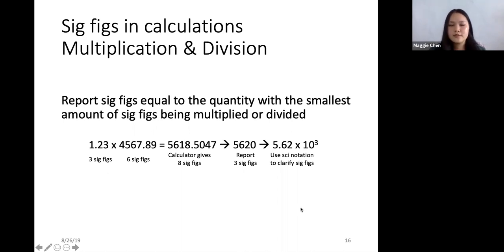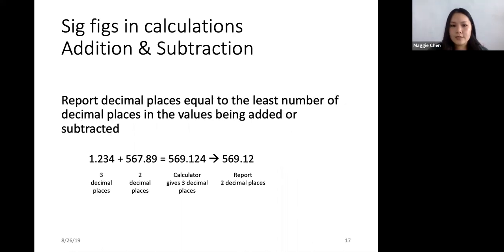So multiplication and division, we're going with the lowest amount or the smallest amount of sig figs in our original numbers. Now, if we're going to be looking at addition and subtraction, we are going to go by the least number of decimal places in the values being added or subtracted.